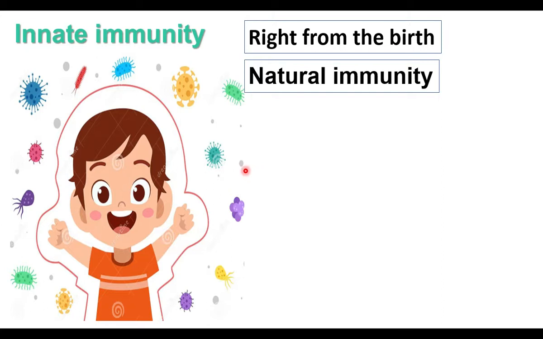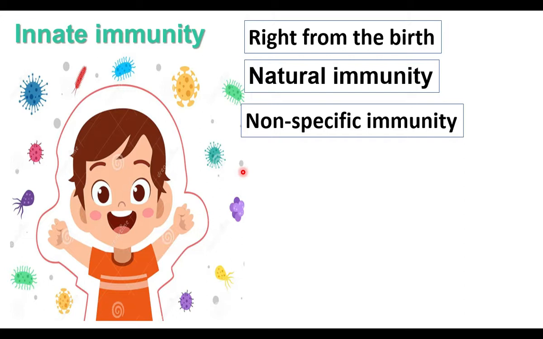Here the immune system shows a common response against a variety of microorganisms. It does not show a particular response against a particular microorganism. It shows a general response, so it is non-specific immunity. Whereas acquired immunity is specific immunity. After the BCG vaccine, the immune system fights against tuberculosis.